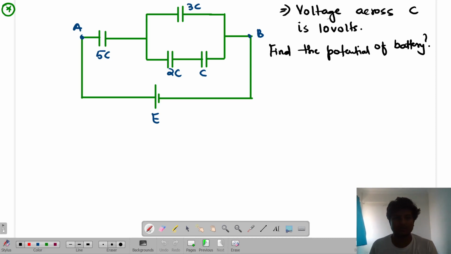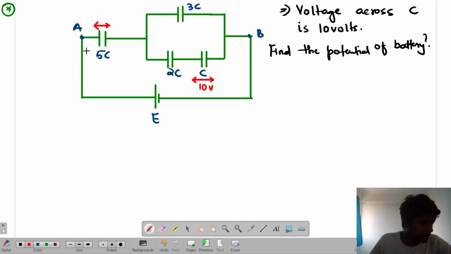So here, can you find what is the current over here? See, this is 10 volts, isn't it?